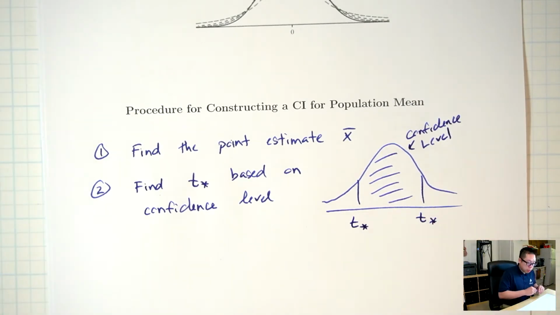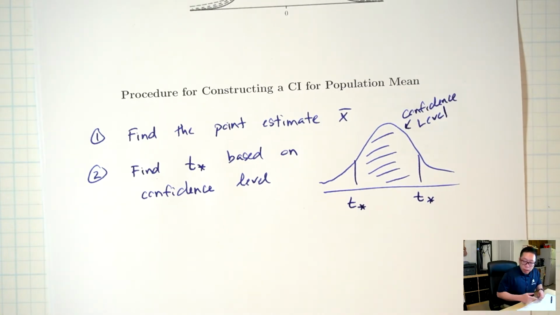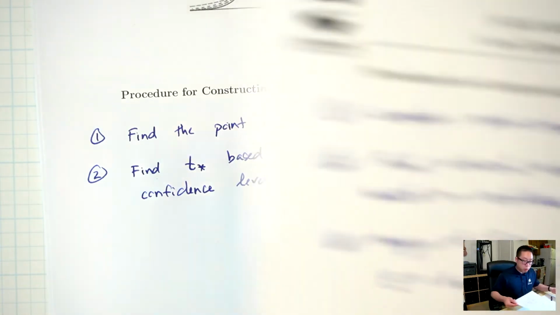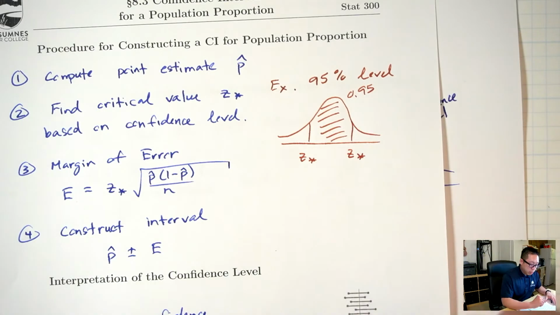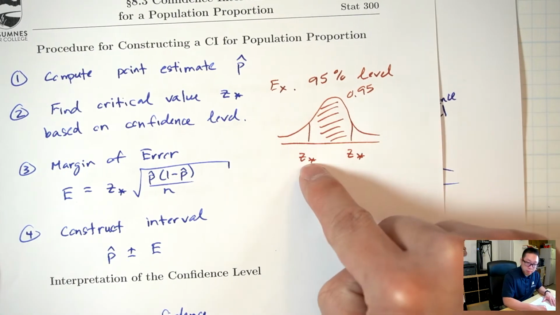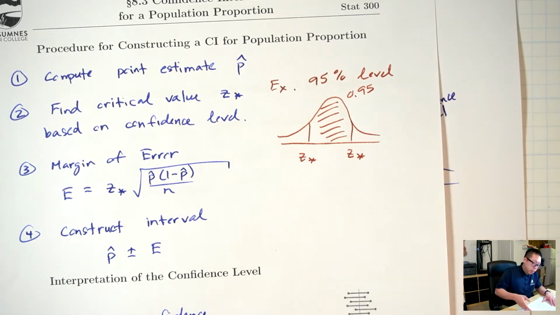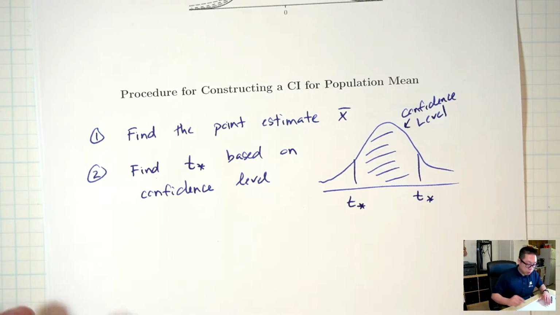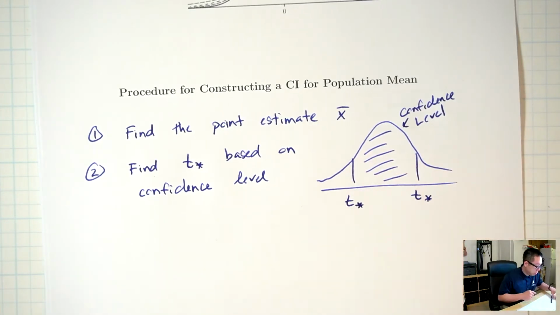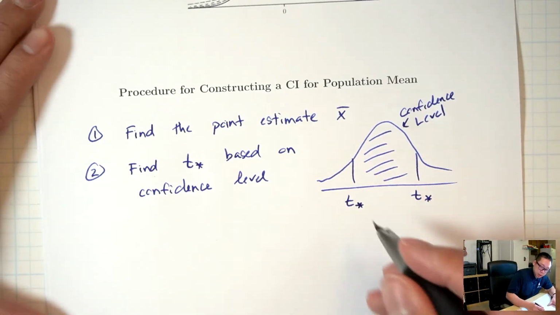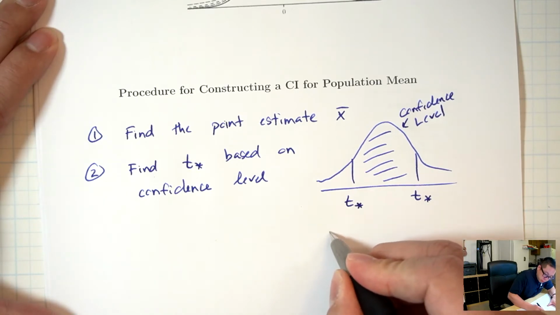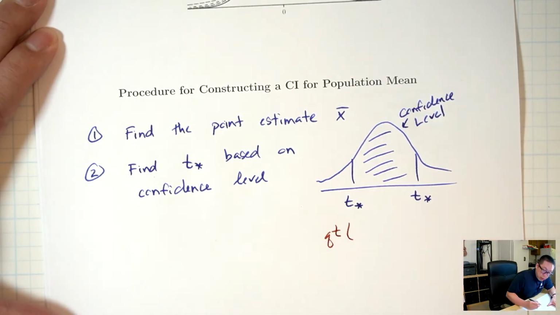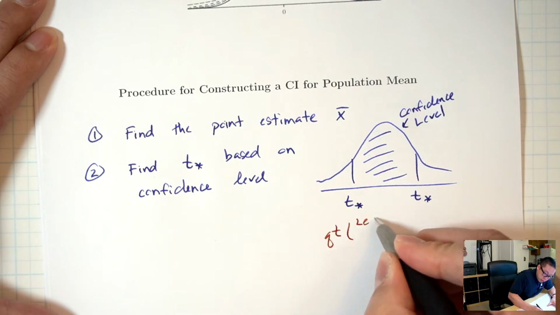And then let me tell you the command in R that we'll need. So in the proportion situation, we were finding area to Z, and then the command was qnorm. In this situation, we're looking for area to T, and the command in R is going to be qt. And you feed it the left area.